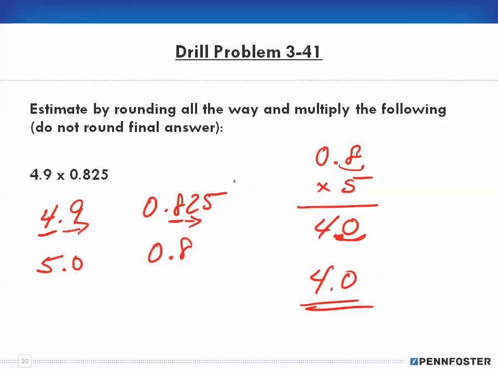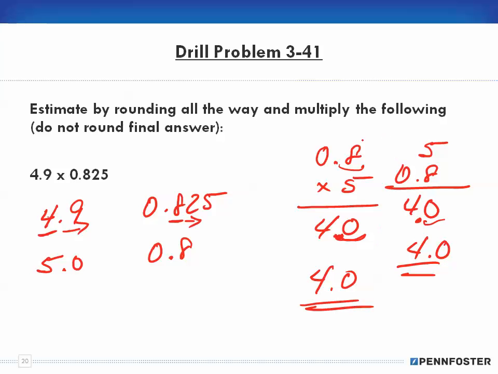Okay. Now remember, you could have done this, I multiplied 0.8 by 5. I could have multiplied 5 by 0.8 like this and come out with 40, and I have one decimal place here, so I put it there from here to here, and I end up with the same 4 or 4.0.